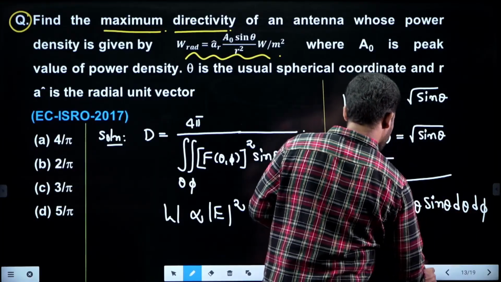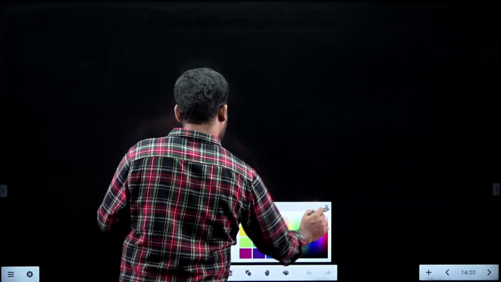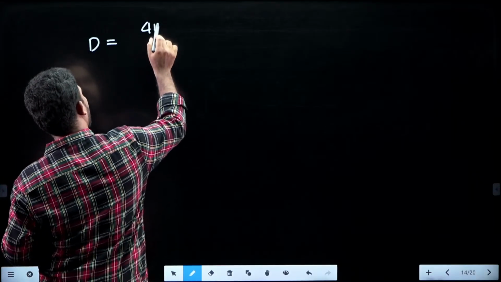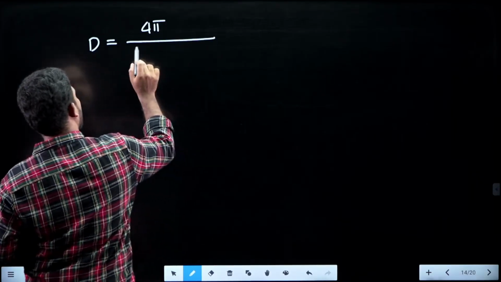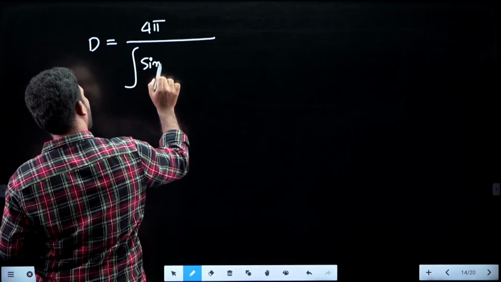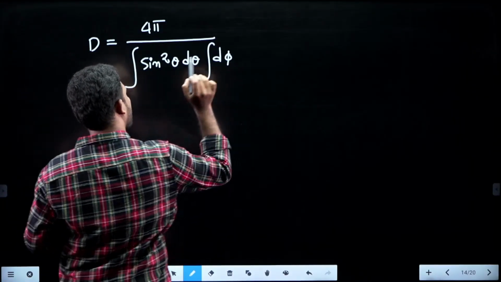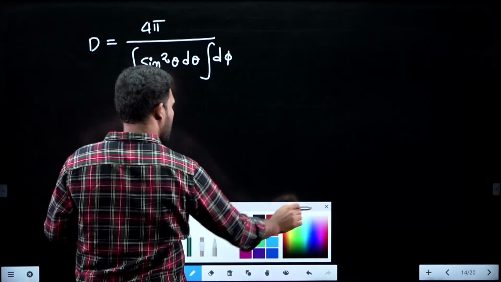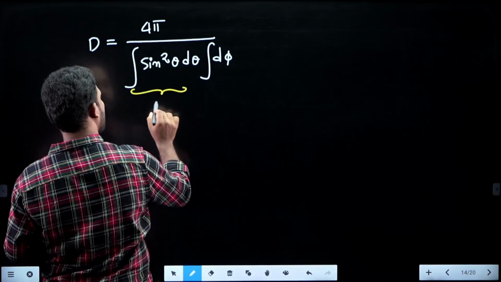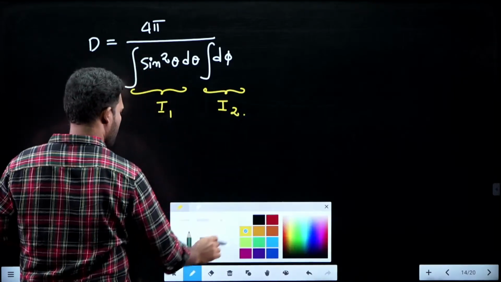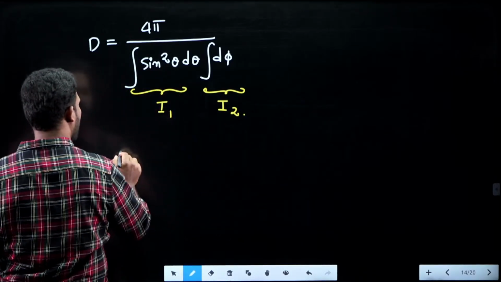I am going to turn the page here. So, what happens to the directivity D? D is 4 pi divided by the integral of sin square theta d theta times the integral of d phi. Okay. Let me call this the integral I1, and this the integral I2. So, what is the integral I1, guys?